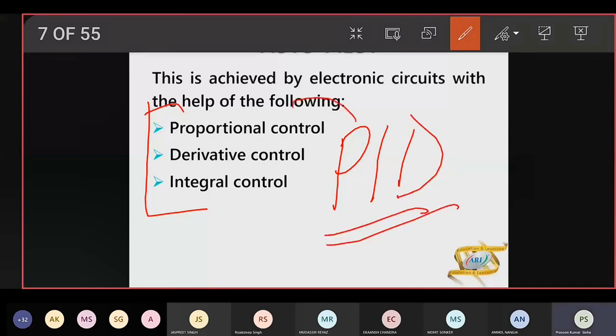P for proportional control. I don't know why. Integral second, and then D is for derivative control. So autopilot systems may be referred to as PID controls, PID autopilots. A certain type of autopilots may be called PID autopilots. Why? Because they have proportional control, derivative control, and integral control.